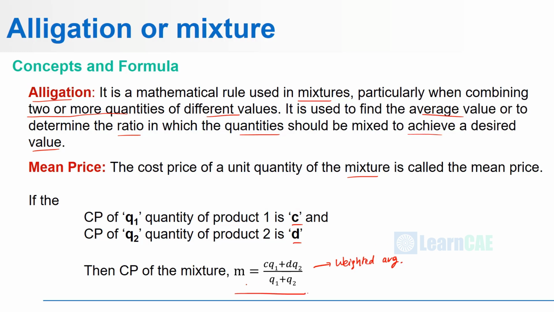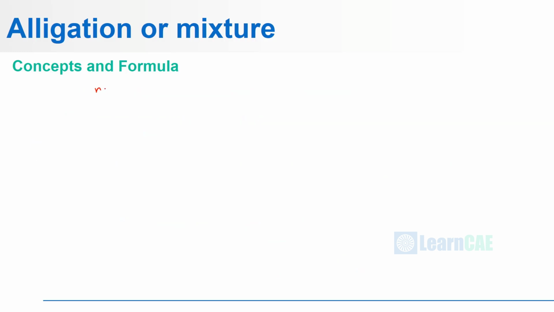Next we shall see, when the mean price is fixed, what should be the ratio of Q1 by Q2. That is, here M is fixed. What is Q1 by Q2? We know that M is equal to (CQ1 + DQ2) divided by (Q1 + Q2). Here we shall divide the numerator and denominator by Q2. So this will become (C Q1/Q2 + D) divided by (Q1/Q2 + 1).